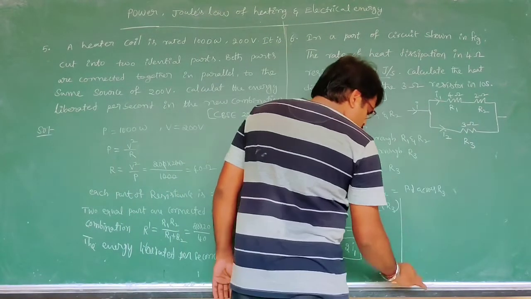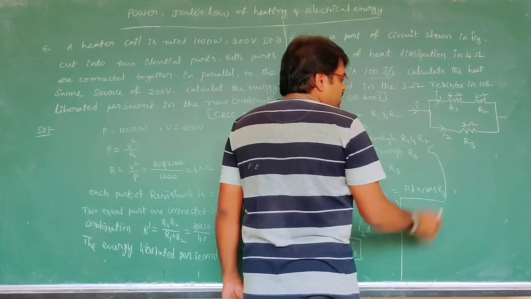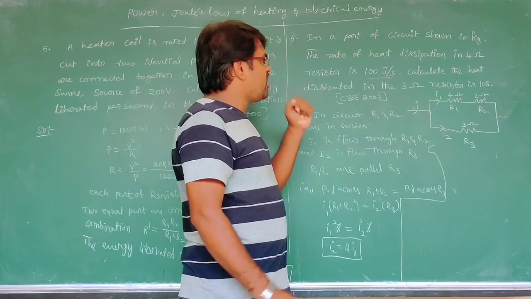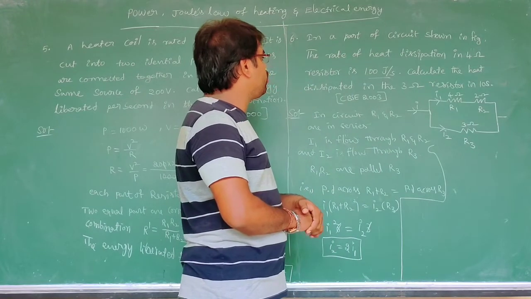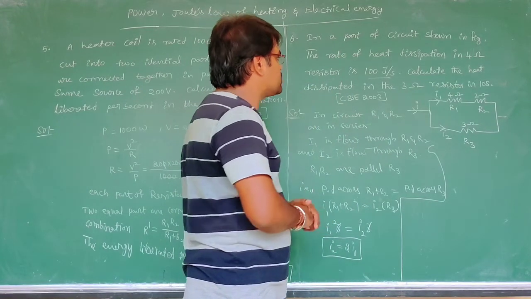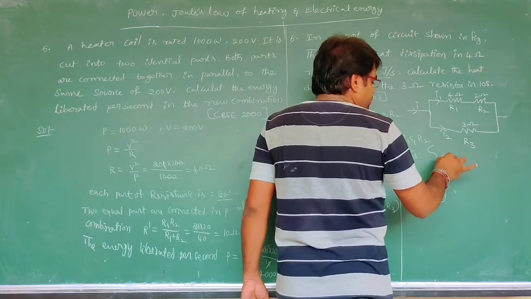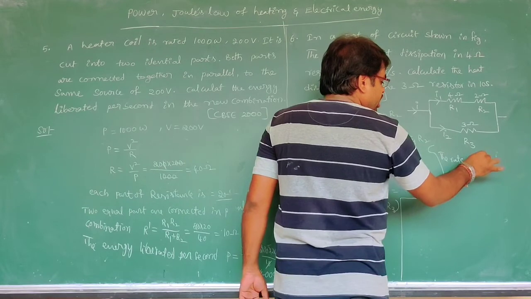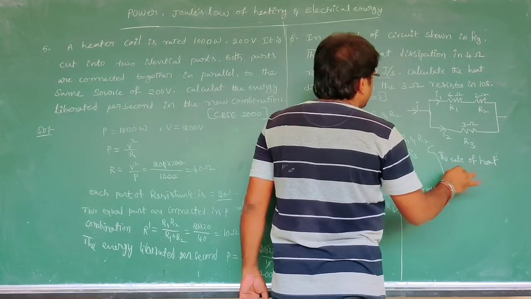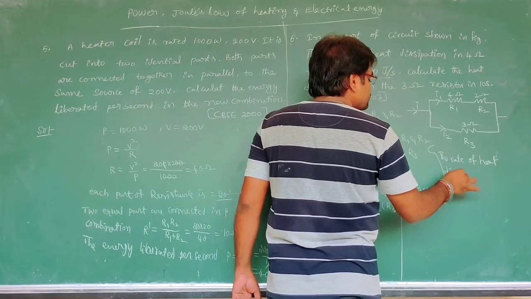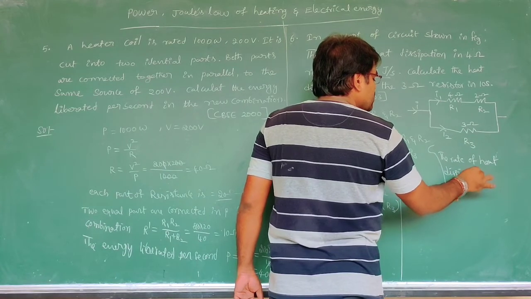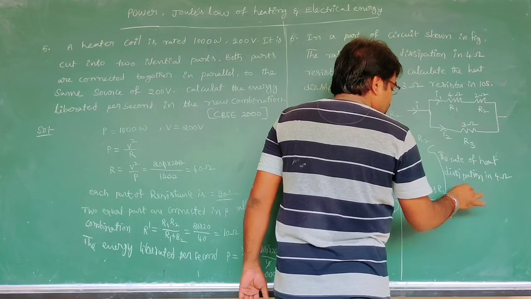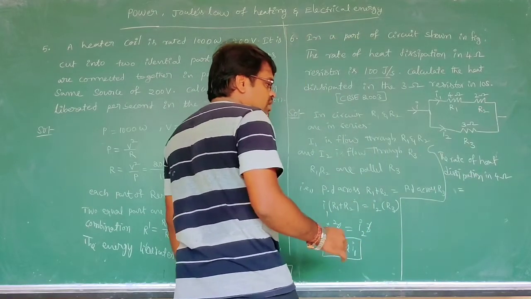Now, according to the given problem, the rate of heat dissipation in the 4 ohm resistor is 100 joules per second. What do we write?